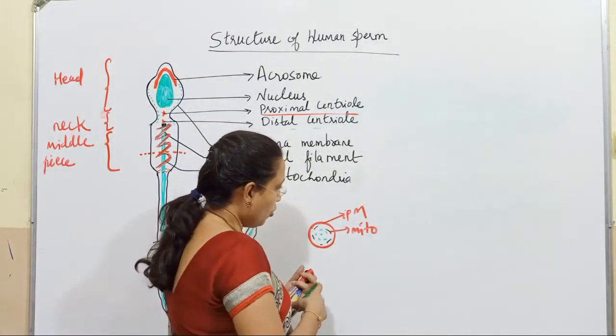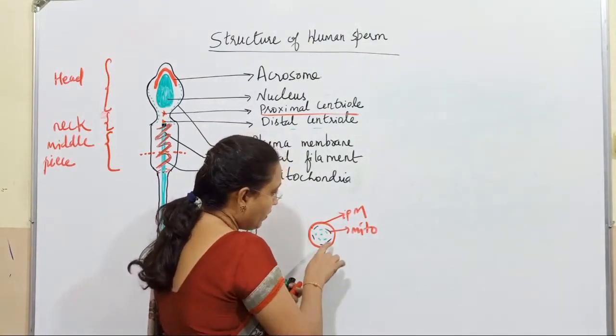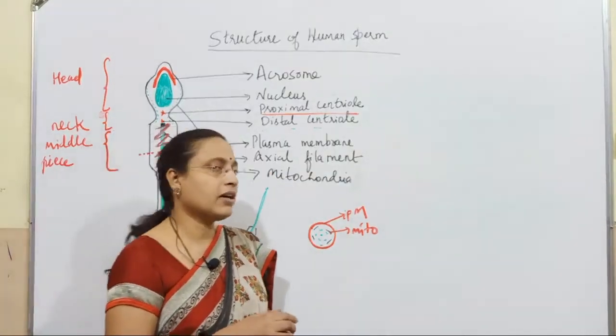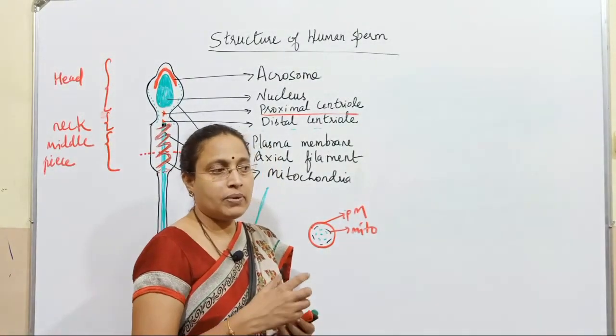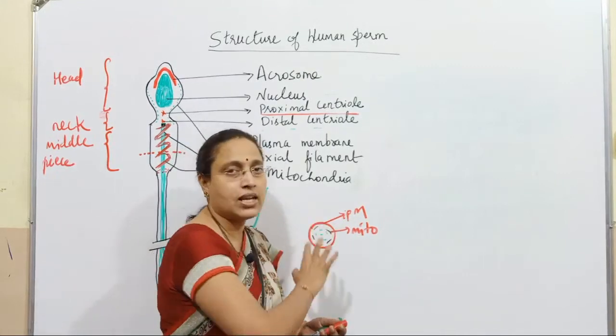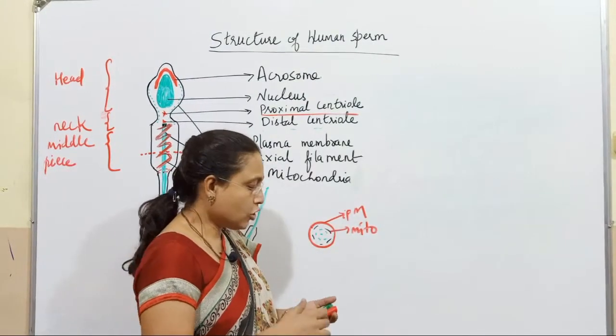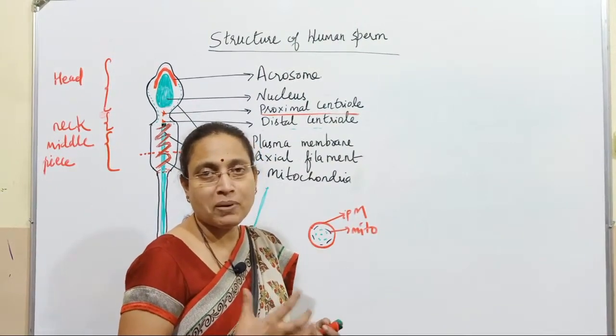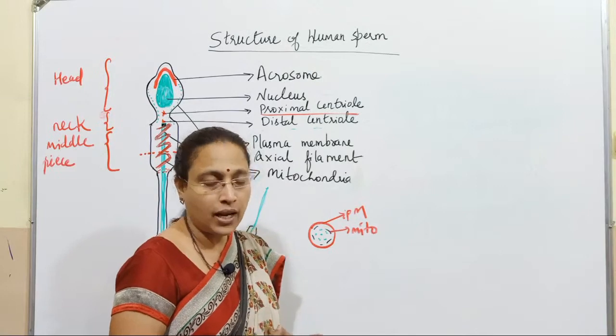And also you should know, between the mitochondria and axial filament, a fibrous covering or fibrous membrane can be present. But these are the main structures present. So it's not an ultrastructure, but it is the main structure of the cross section. Structures present in the cross section of the middle piece.